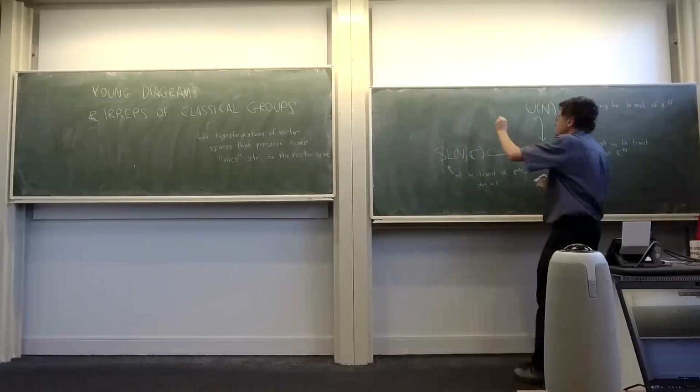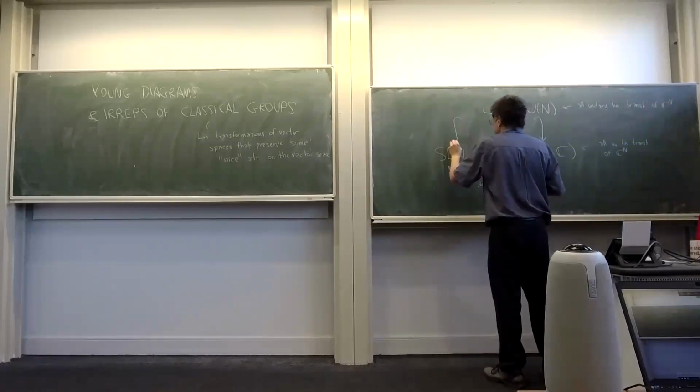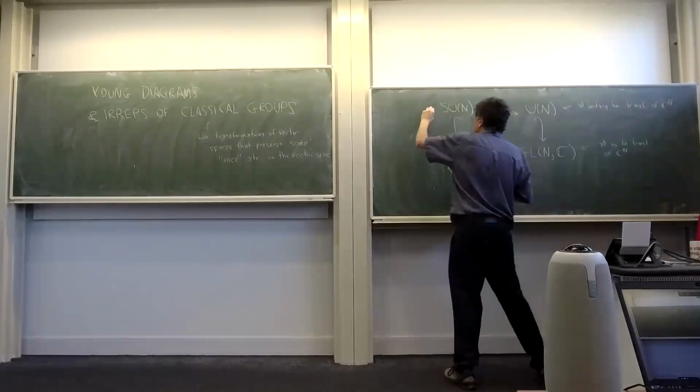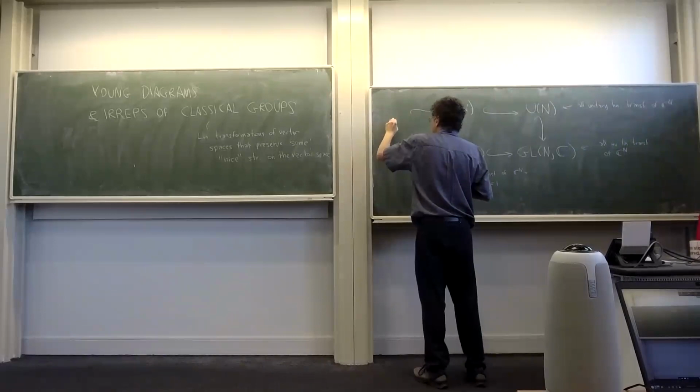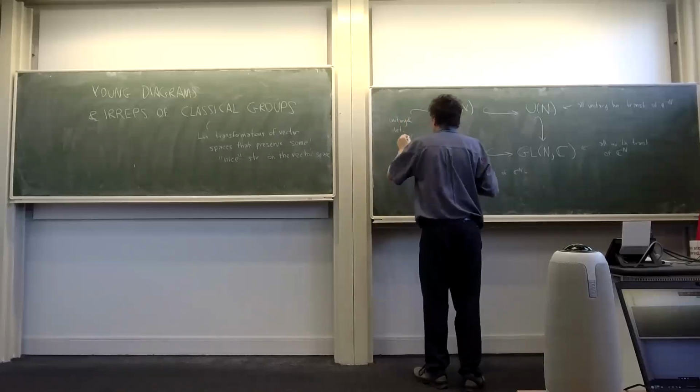And then there's the intersection of U_n and SL_n(C), and that's called SU_n. So those are unitary and determinant 1. And that's also called the special unitary group.